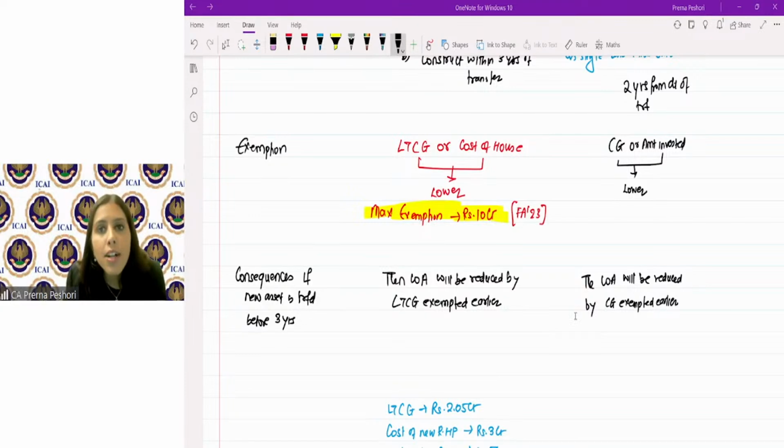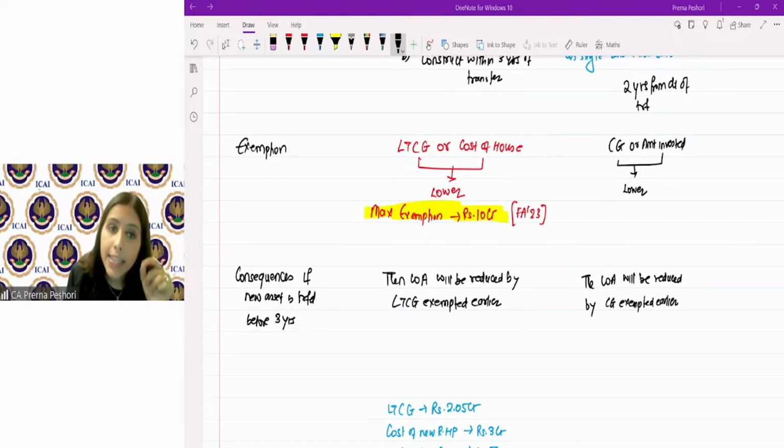In case a rural agricultural land is transferred even before 3 years, will there be any taxability? Yes, students. If the rural agricultural land which I have purchased for claiming the exemption under this section is being transferred, will there be any taxability? Yes or no, students?